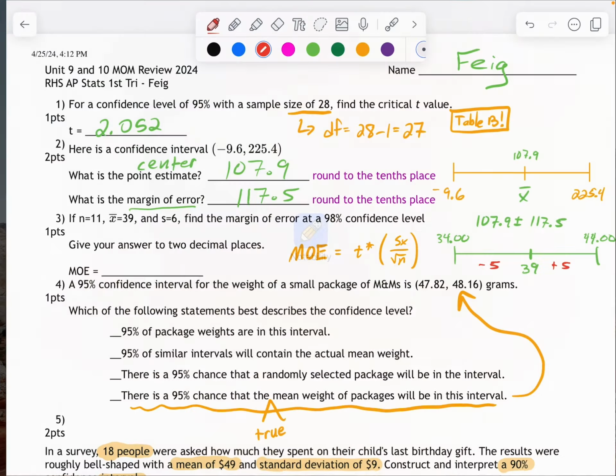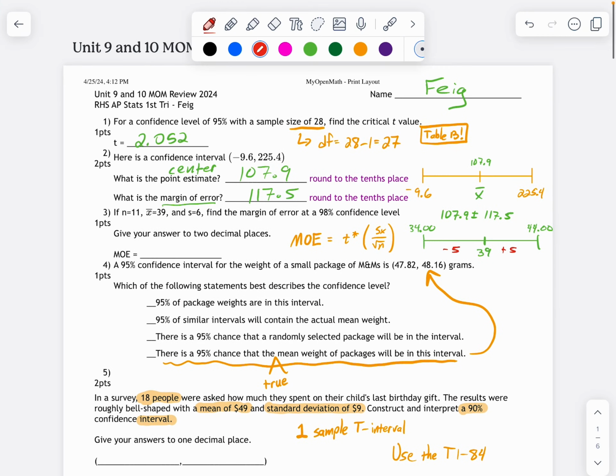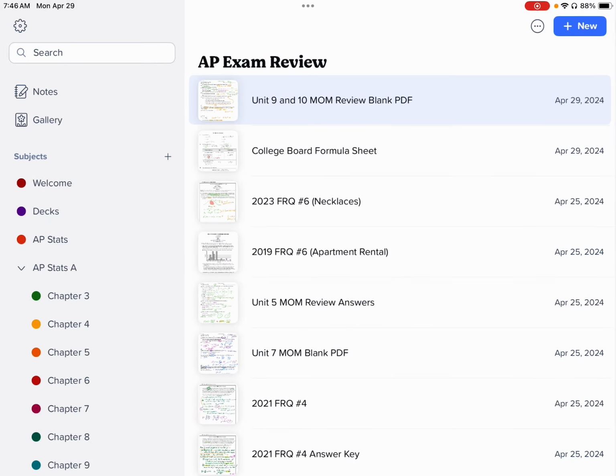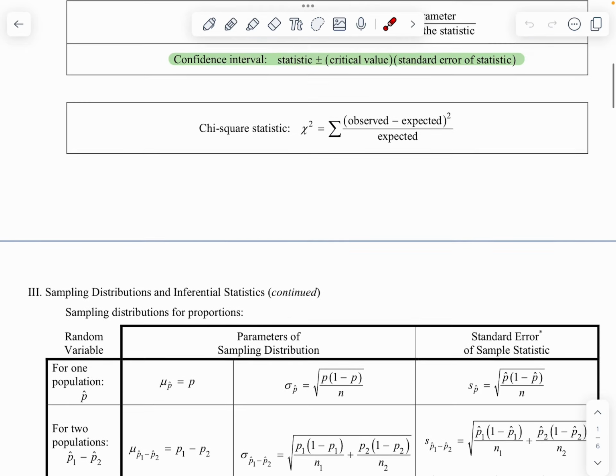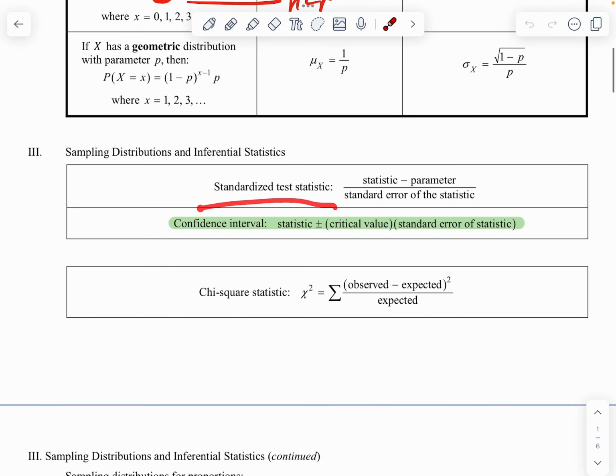Now, another way to go about this is to just know that this formula is the margin of error of a t interval. I'm going to go back to my formula sheet. Your general formula for an interval is right here. It is your statistic, in this case x bar, plus or minus your critical value, in this case a t star, and then your standard error of the statistic.